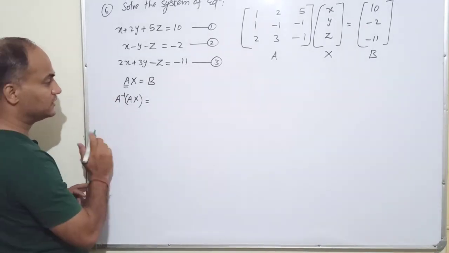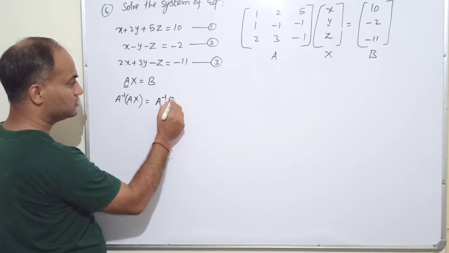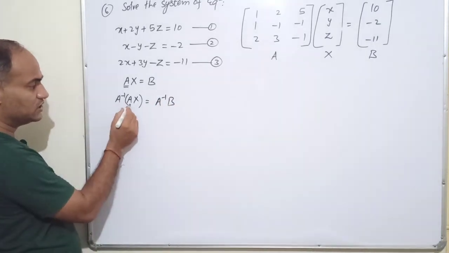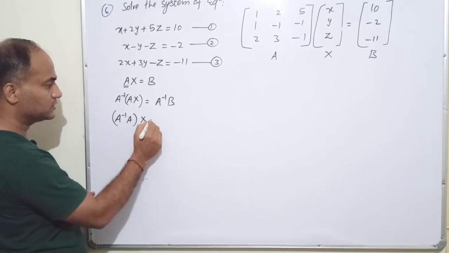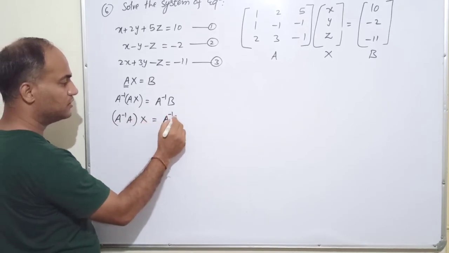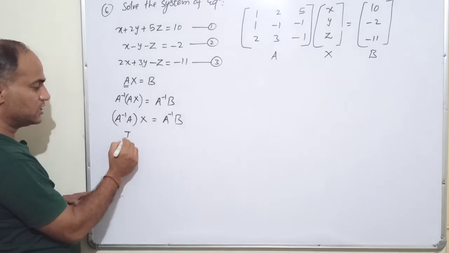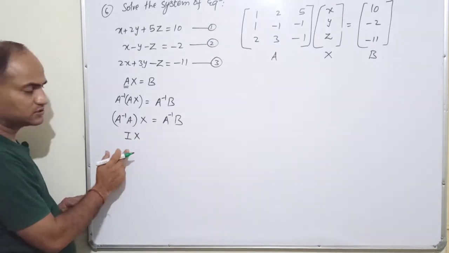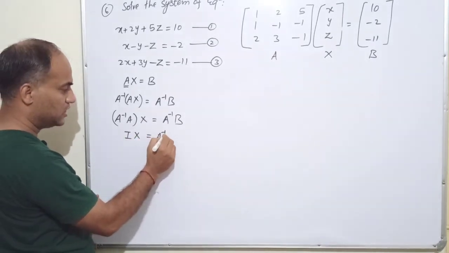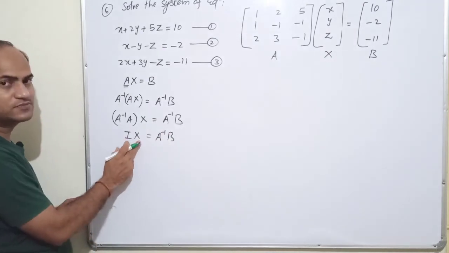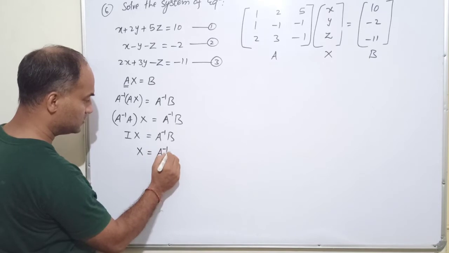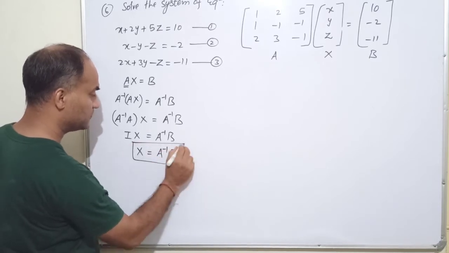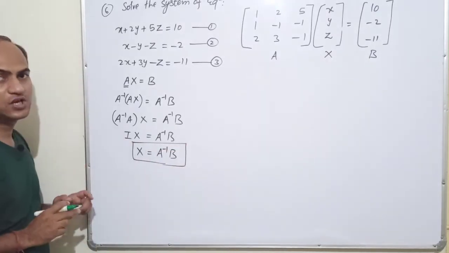So this becomes like that, A inverse and B. So A inverse and A, let us put them together. X, this is equal to A inverse and B. So this becomes I, identity matrix. And we know identity into any matrix becomes the same matrix. So X matrix will be equal to A inverse into B. So this gives us the solution of these equations.